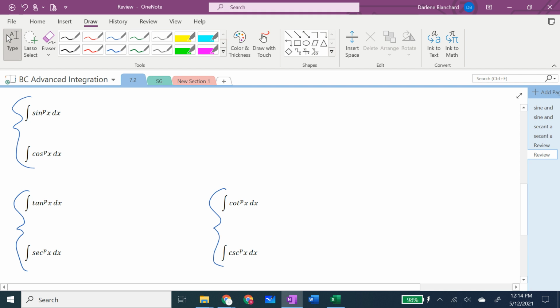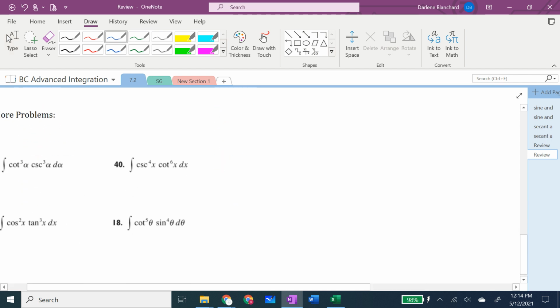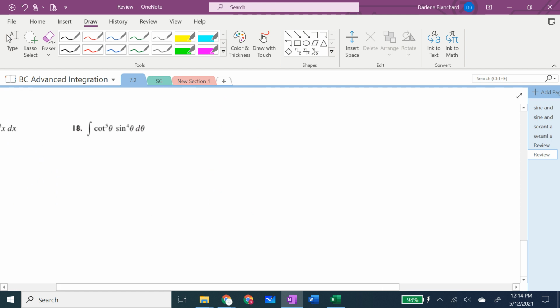If you have any mixture of pairings, I repeat, if you have any pairing mixture, for example, look at that one, that's not one of the pairings, just convert everything to sine and cosine. Every one of your trig functions can be changed into sine and cosine.